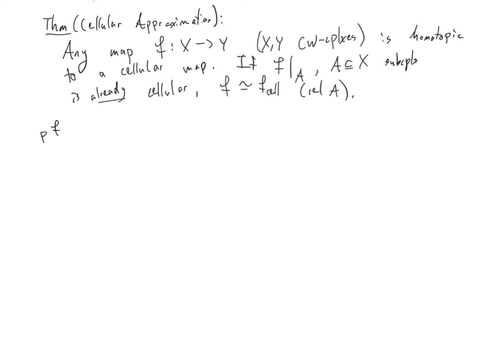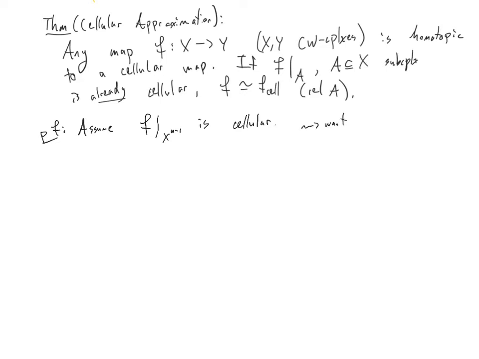So proof. Okay, so what we'll do is we'll induct on cells, because that's always what we do for cellular anything. So what we'll do is assume F on X^(n-1) is cellular. So on the n minus 1 skeleton, you're already cellular, and you want to extend that to the n skeleton.